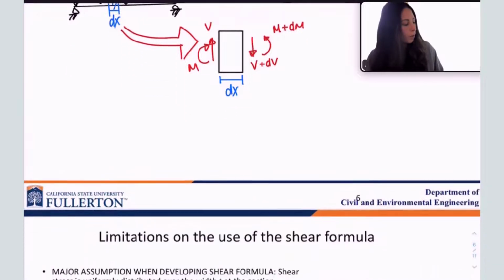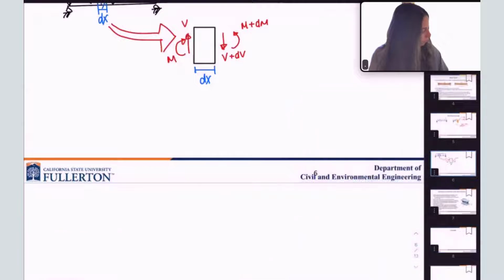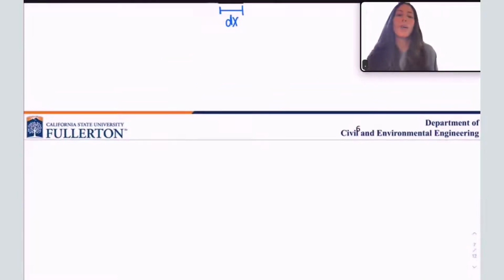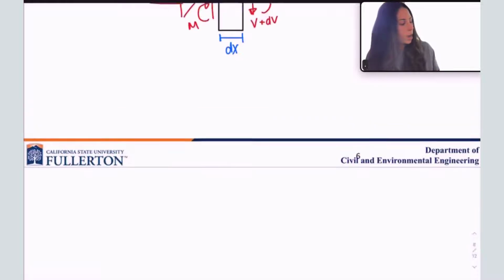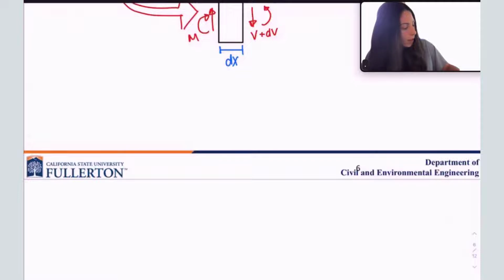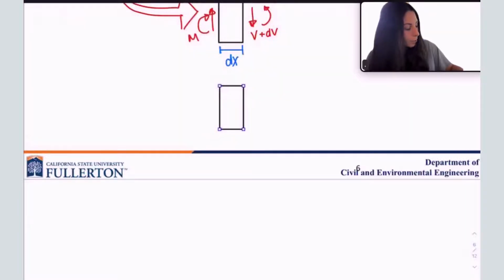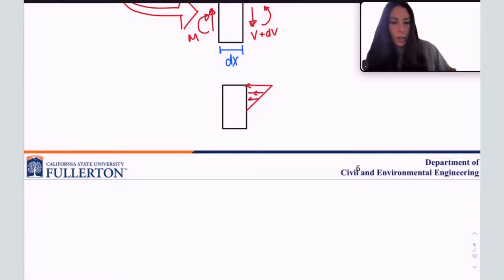So now, if I continue this, and I want to show the distribution on this element, what's happening here, we remember, I have my sigma acting in compression at the top, like this, if this were the neutral axis of this member, NA.